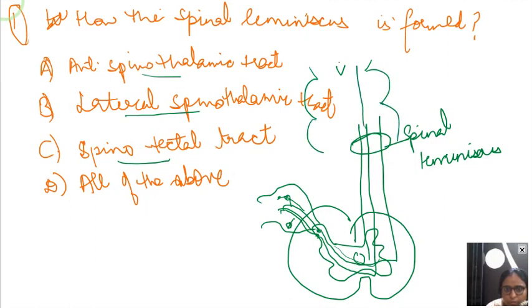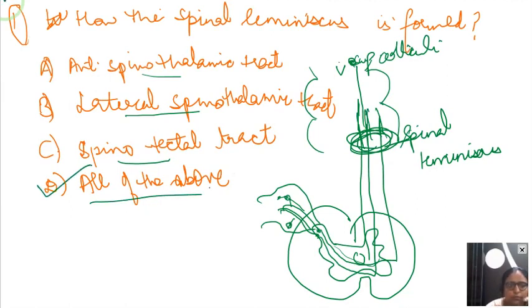Here it goes up and in the superior colliculi it terminates. So these three tracts going upwards form together your spinal lemniscus. Fine. So the answer would be all of the above.